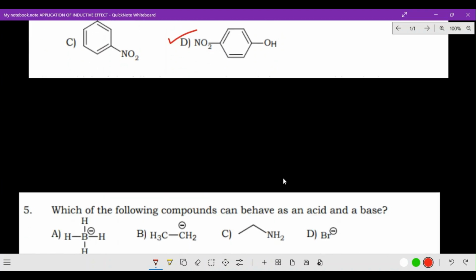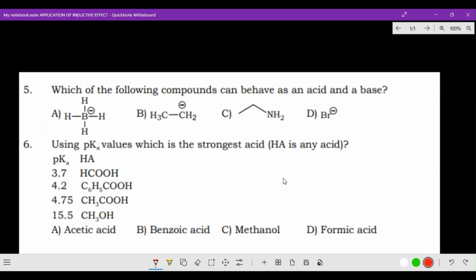Okay, now the next one, a very interesting question. Which of the following compounds can behave as acid and base? Acidic strength, you have learnt, comes from the minus I effect, and for basic strength an amino group has to be present. So you can easily identify which has both acid and base character. Here BH4 minus is a Lewis base, ready to donate a pair of electrons, and CH3CH2 minus is a strong base due to high electron density.